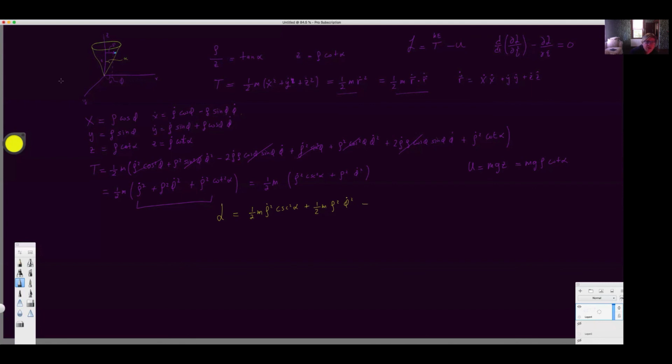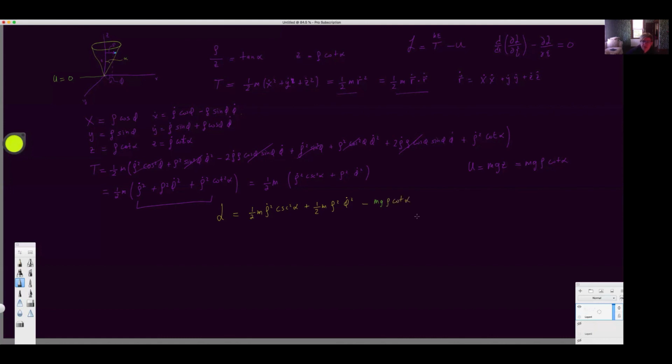Now, I made a choice here, by the way, of where the potential energy is 0. So I said U equals 0 here. You always have to make that choice. I didn't write it down, but I'm always making that choice. Sometimes I don't make it explicit like that, but that's what I'm doing. So minus mg rho cotangent of alpha.